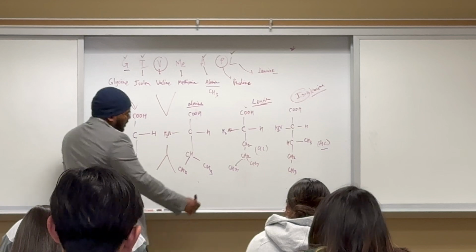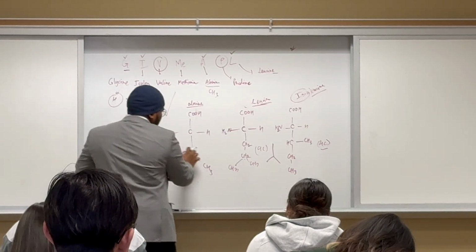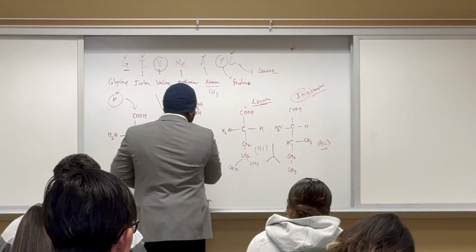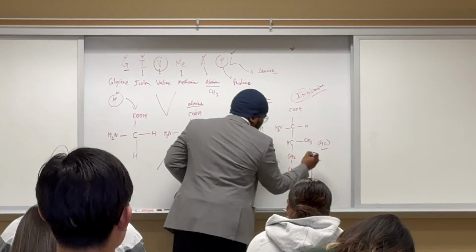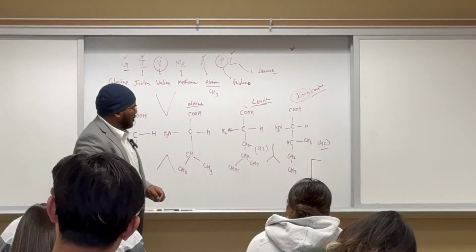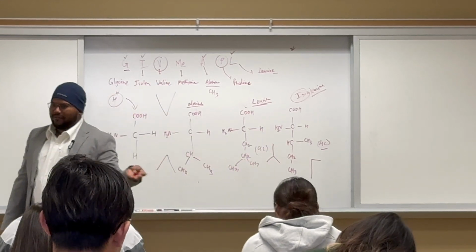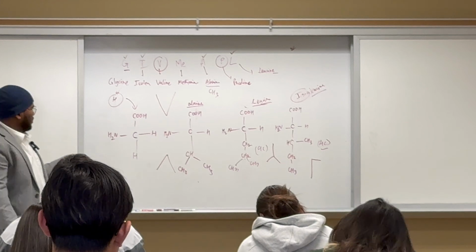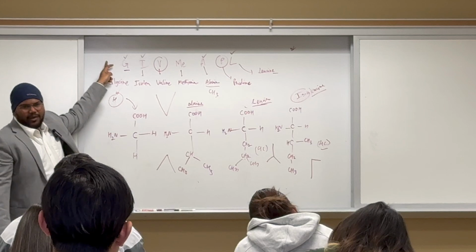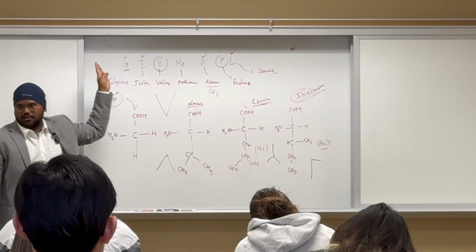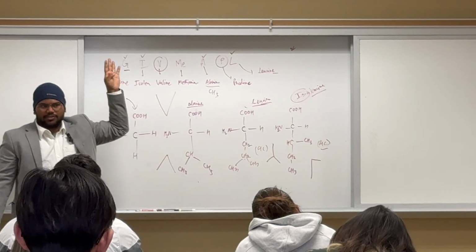This is valine, and this is leucine. This is isoleucine. So you have to remember those structures in your mind, so you don't have to go through all those things. Let's start with the beginning. Glycine is the simplest, H. Then alanine is CH3.